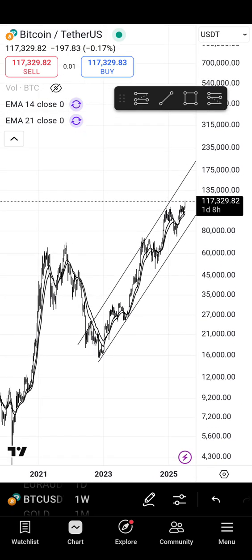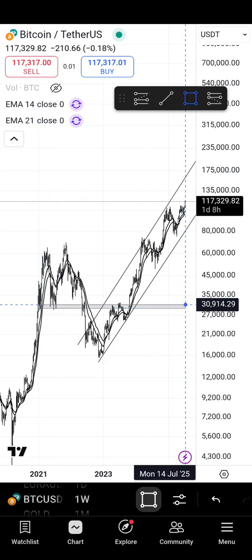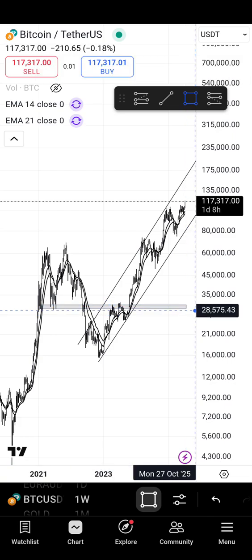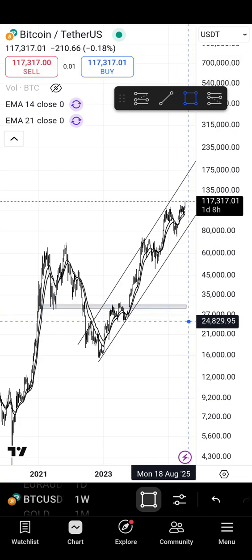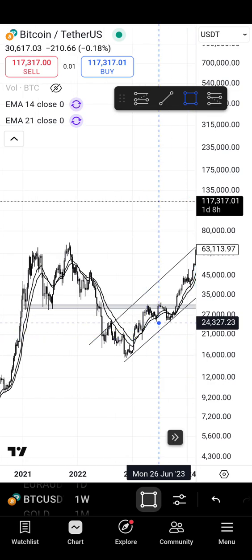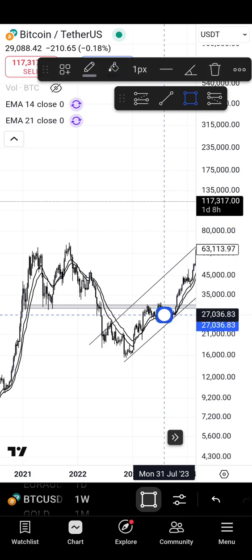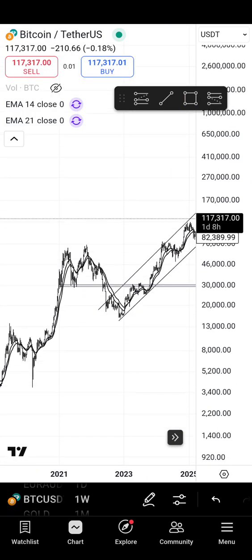So the next thing, I think I'll mark out some basic support and resistances. I'm seeing this support here. But as you can see, this support is a resistance here, and it was broken, and then the uptrend started.